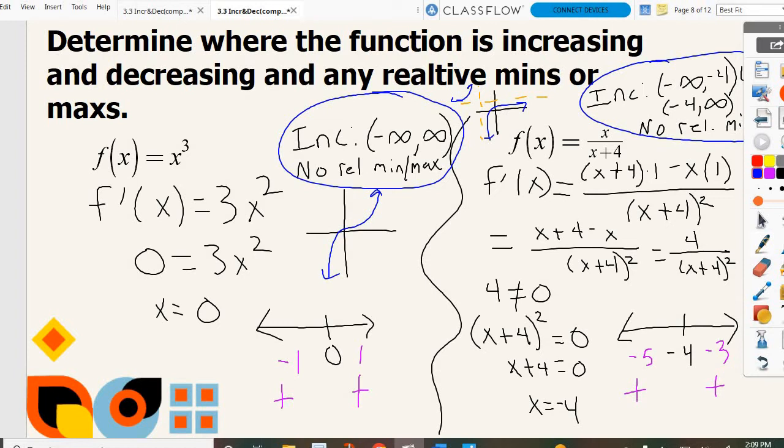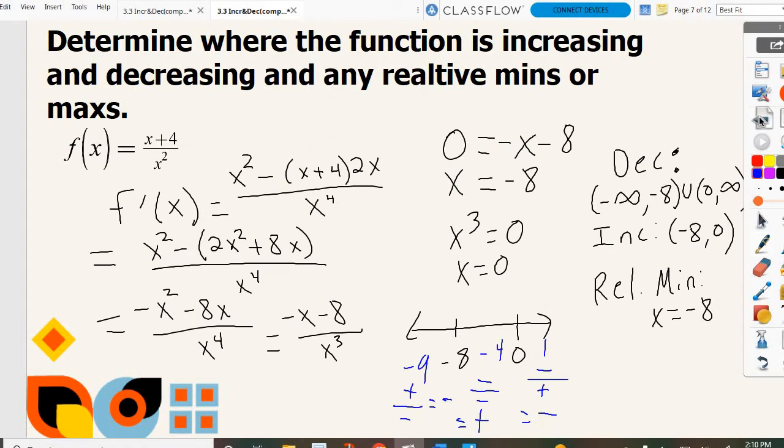In other words, it's positive on both sides, so it doesn't change sign. The other place that could happen is if I have an asymptote on my graph. Again, it's positive on both sides. That means that even if this was not a break in my graph, it would still not have changed sign, so it's still not a maximum or a minimum.